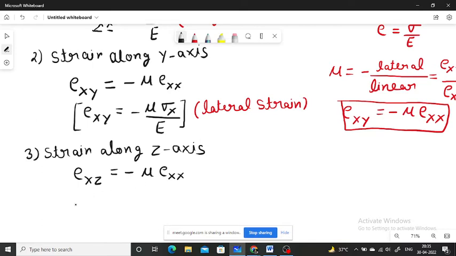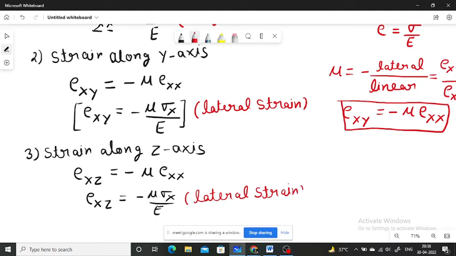Okay, Exx is longitudinal strain. So the lateral strain will be equal to minus mu sigma x upon E. This is lateral strain, strain in z direction due to the stress sigma x.